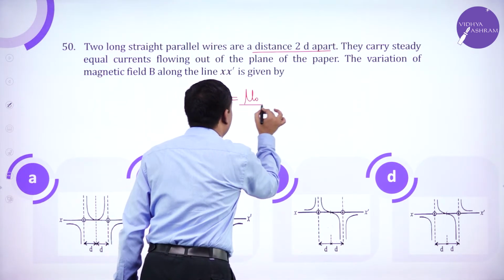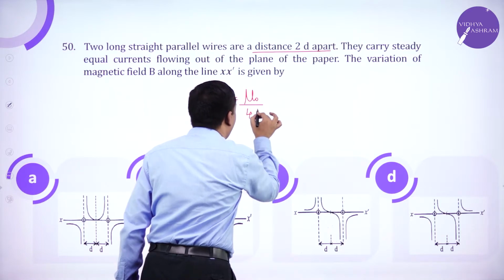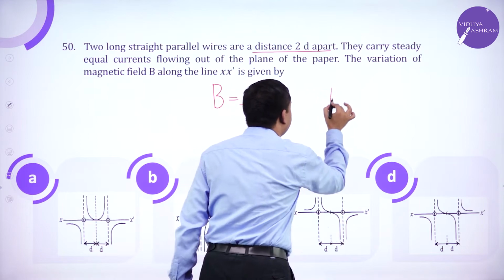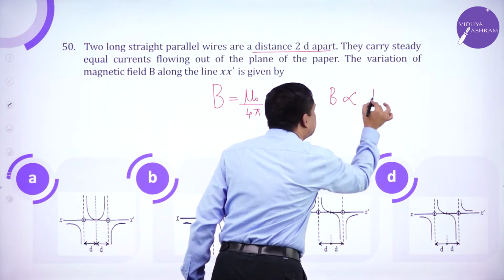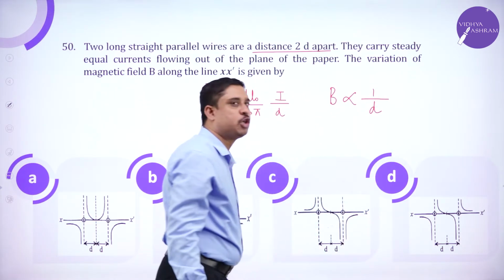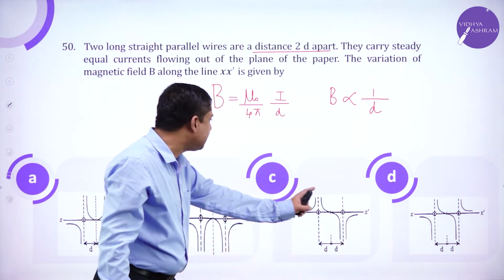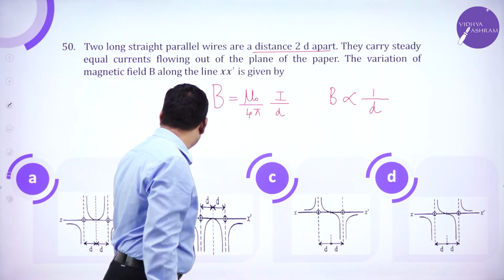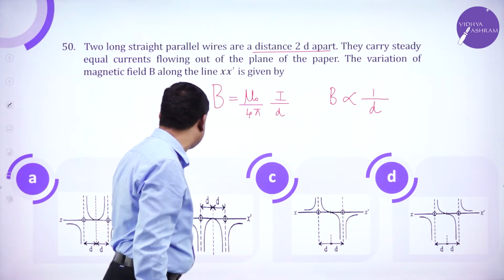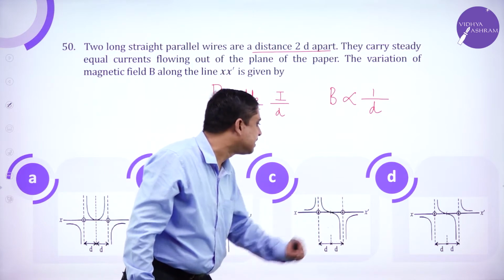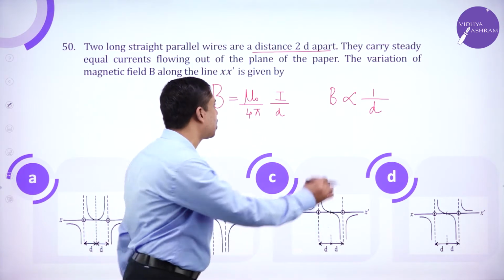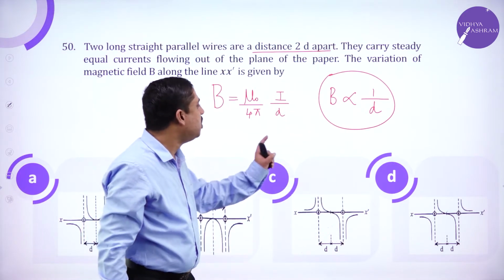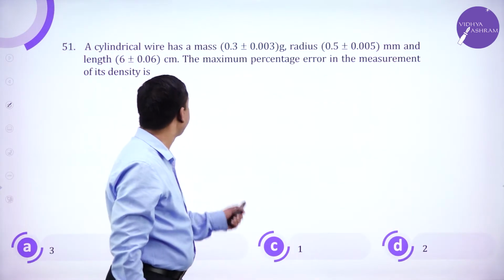It is mu naught by 4 pi, I by d, which means magnetic field is inversely proportional to distance. So, which is the correct option where magnetic field is inversely proportional to distance? Along the axis XX dash has to be calculated. Use this relation. Take this as an assignment. Note the correct graph.